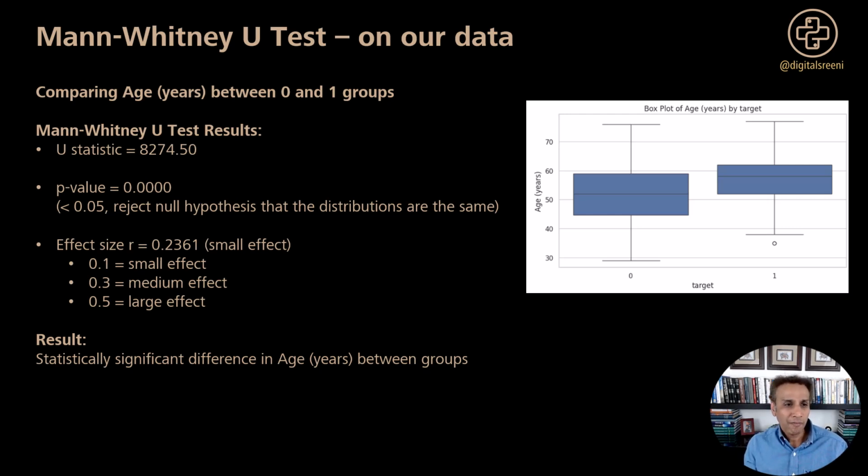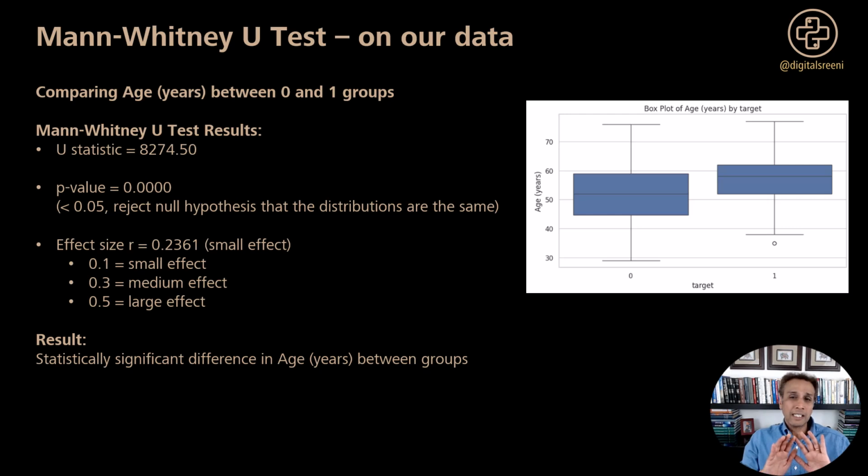And on top of the p-value, I'll also talk about the effect size. In the last tutorial, we talked about Cohen's d effect size. This tells you the magnitude of the effect. In our case, we got a value of 0.23, which is slightly less than a medium effect.